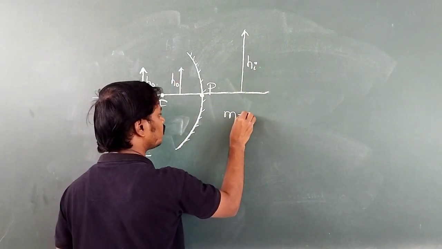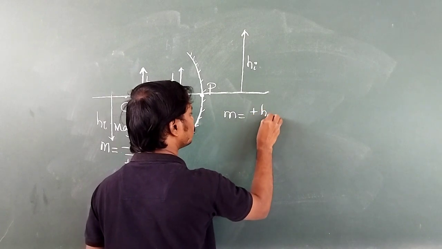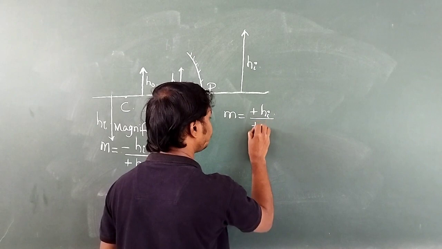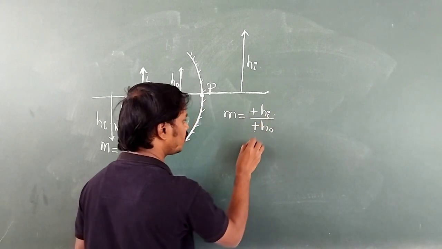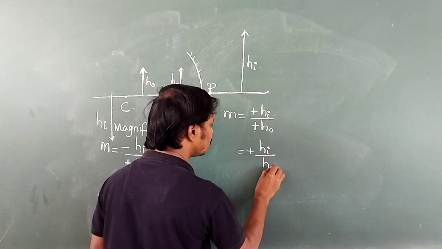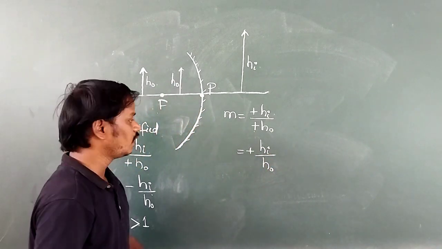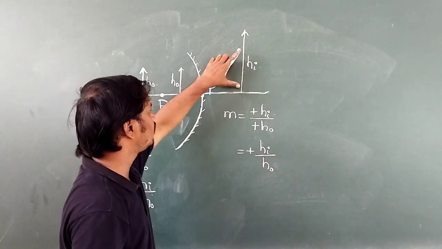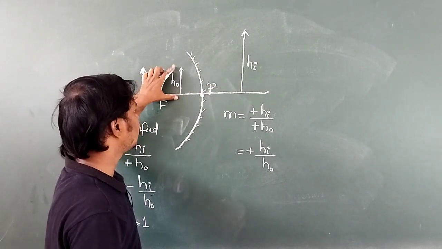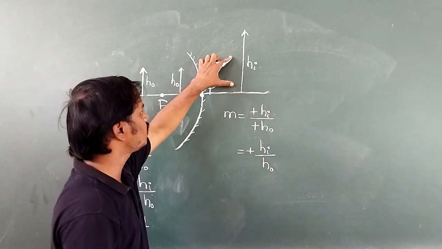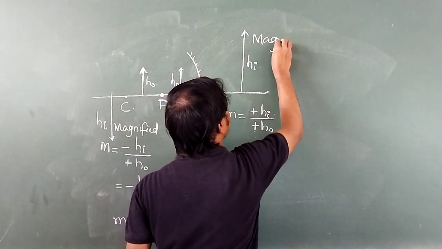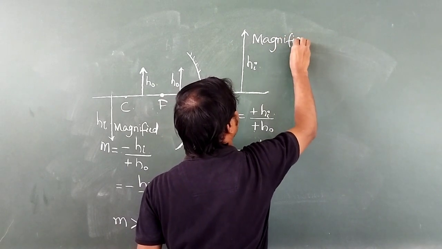Again by the magnification formula, plus hi according to sign convention, divided by plus ho. Plus by plus is again plus. What does the plus sign indicate? The nature of the image is virtual and erect. And here in the diagram, hi is greater than ho, meaning the height of the image is greater than the height of the object, so the image is said to be magnified.